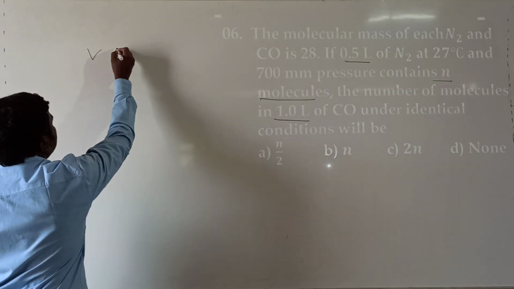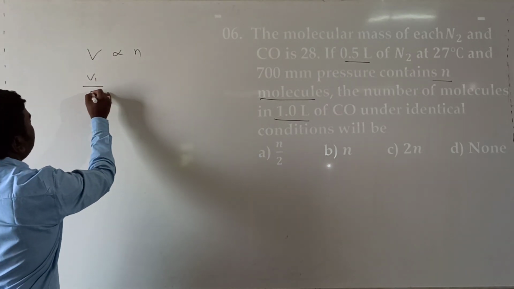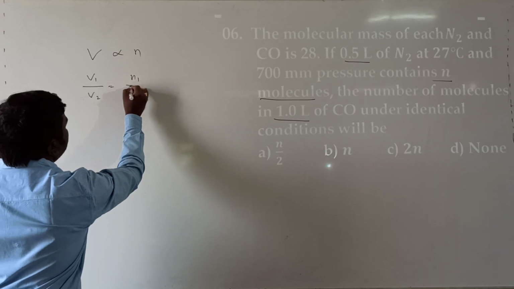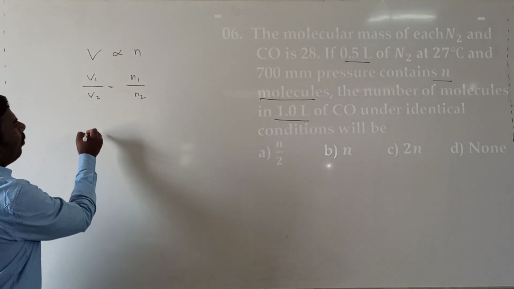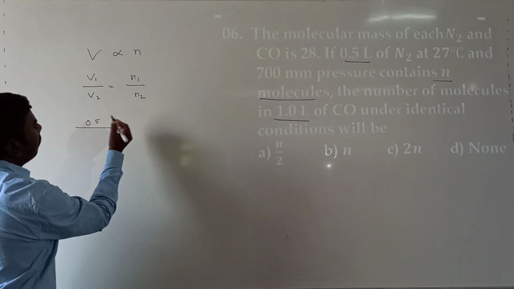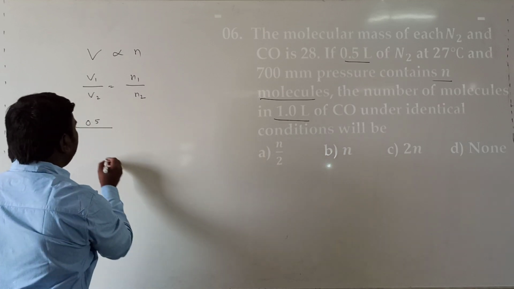Avogadro's law: V is directly proportional to N. V1 by V2 is equal to N1 by N2. V1 is given as 0.5 liters, and V2 will be 1 liter.